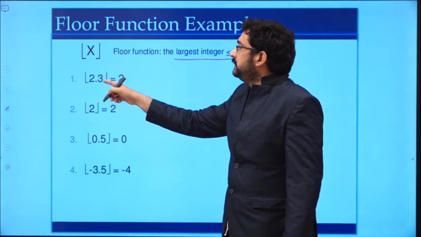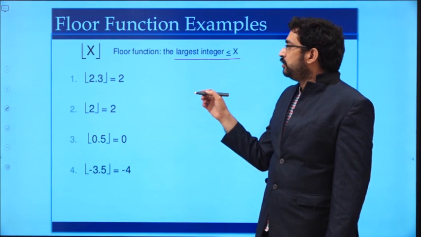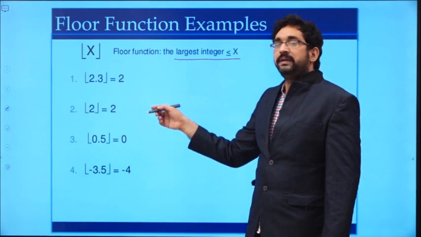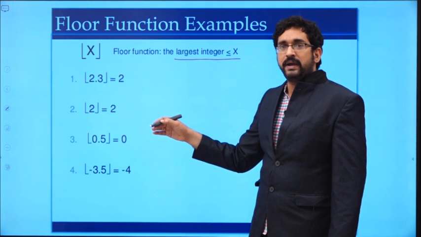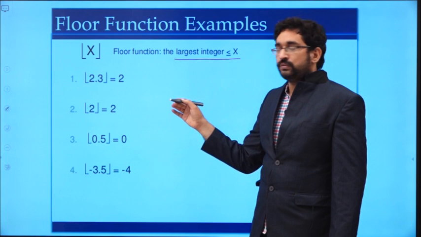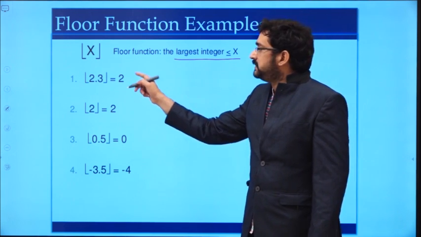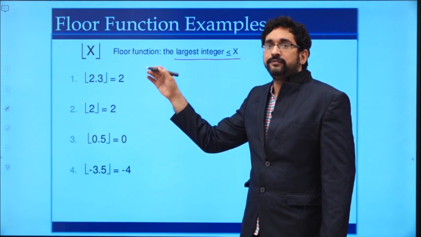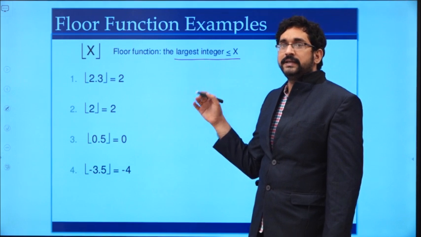Here we are finding the floor of 2.3. So 2.3 will be assigned to 2, because what are the integers less than 2.3? 0, 1, 2 are the integers. Among the integers which are less than 2.3, we have to find the highest one. Among 0, 1, 2, 2 is the highest.